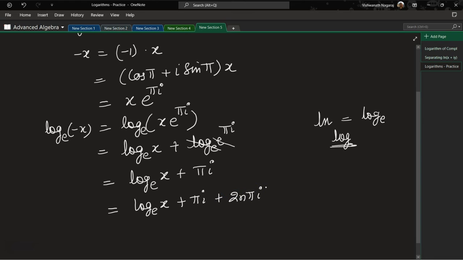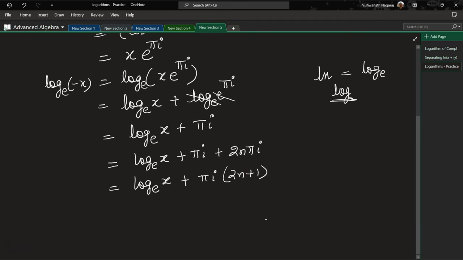The period is 2n pi i, which means we can write it as log e of x plus pi i times 2n plus 1. Since we are taking the general form, we should write it as log e of minus x with a capital L. So this is the expression for finding the logarithm of a negative real number.